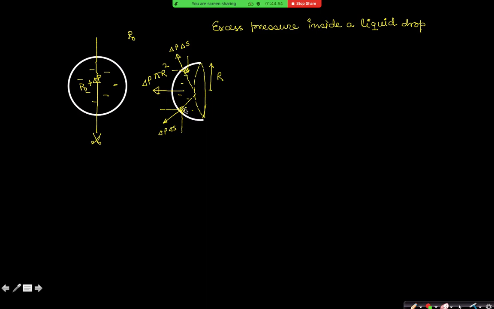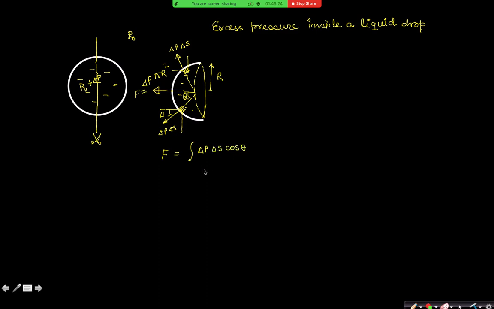Right? So if I say this angle is theta, now you will find this angle is also theta. So the net force F that I have got here as delta P into pi r square, you will find that the net force is equal to the integral of delta P into delta S cos theta, right?